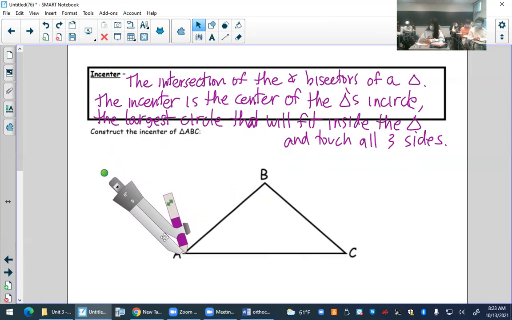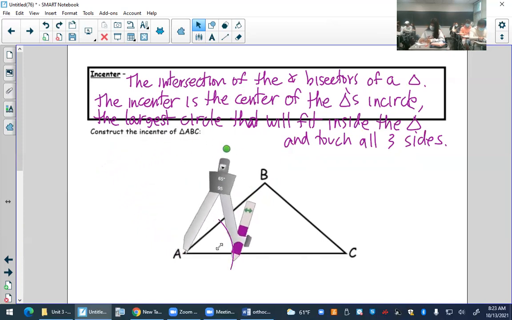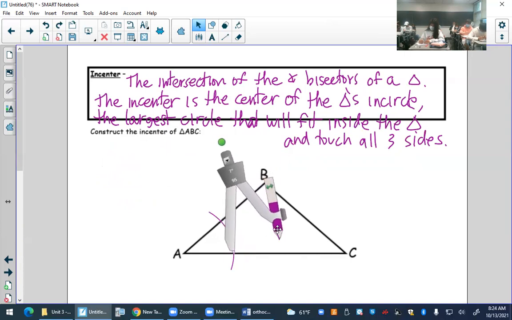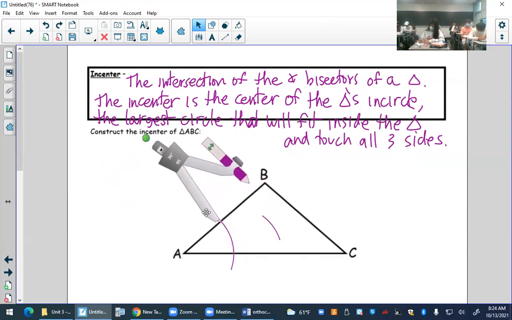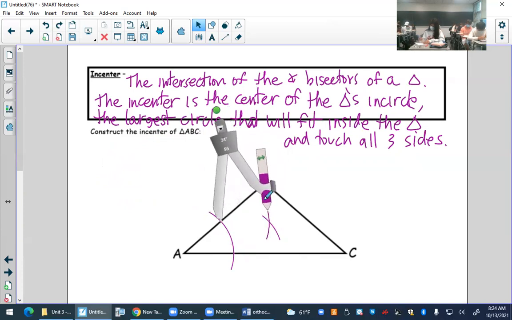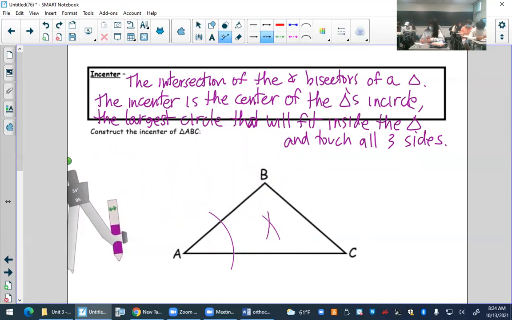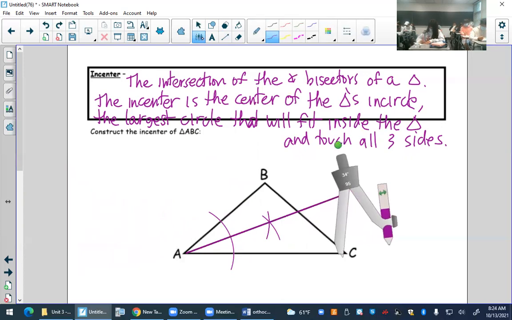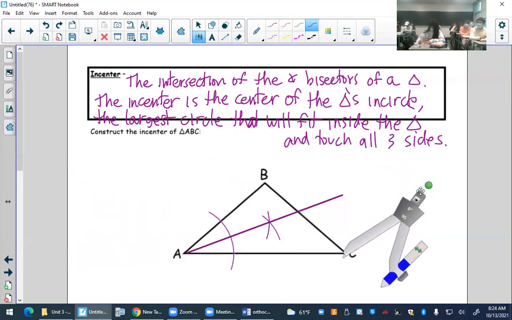You make an arc going through both lines. Arc on the other side. That's one.